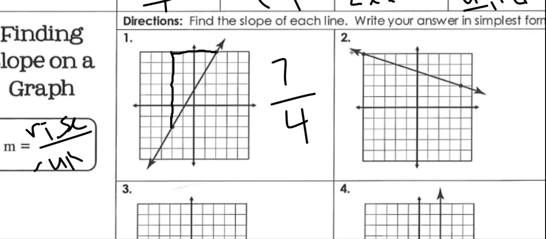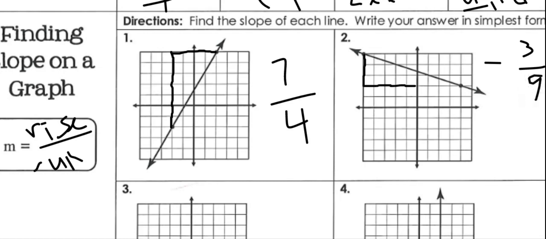This one here, we can see from left to right, it's going negative. So sometimes I put my negative sign right away. And I'm going to start on the left side. I'm going to do rise over run. So I'm going to go 1, 2, 3, down. And then it goes over 1, 2, 3, 4, 5, 6, 7, 8, 9.